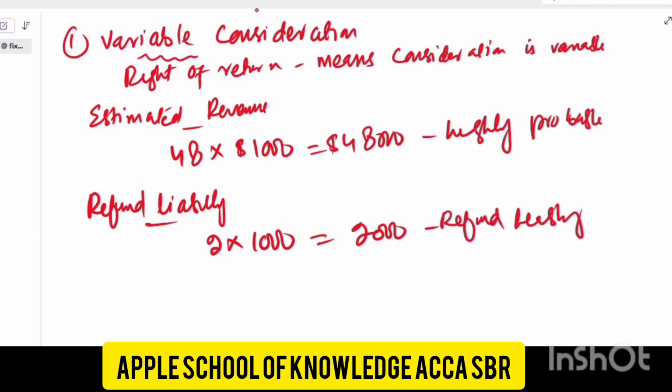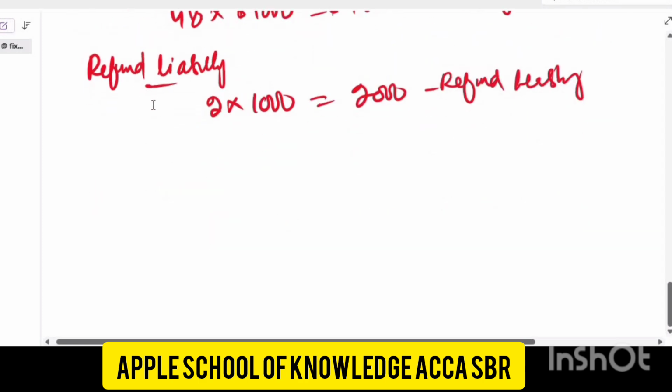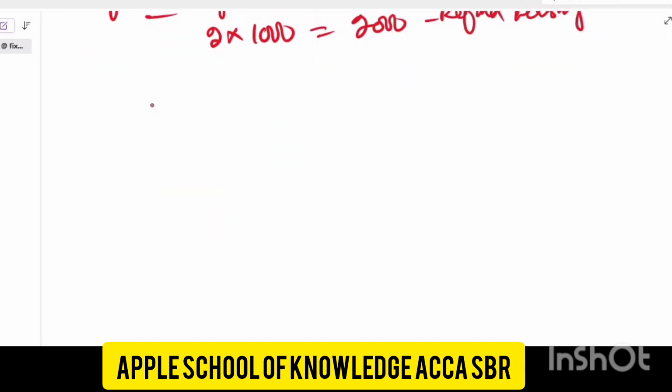Clear? Okay, the third step is you have to do some adjustment for the inventory.